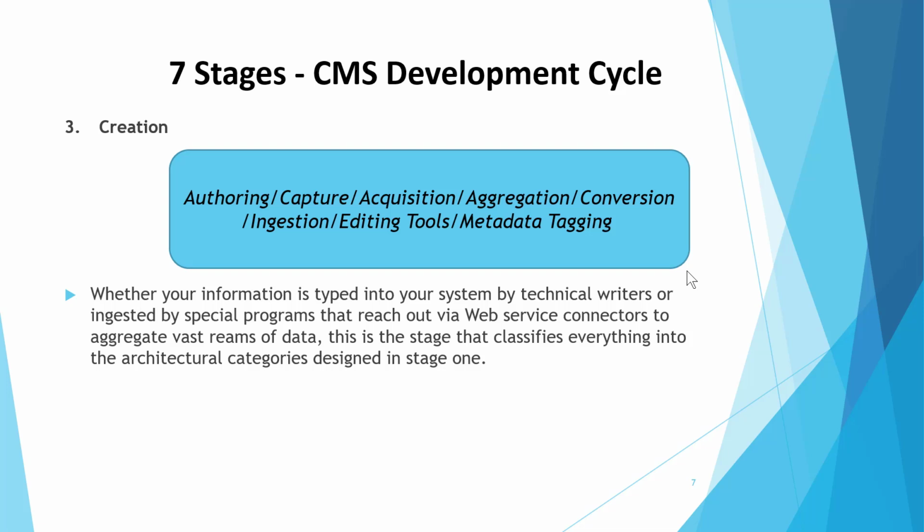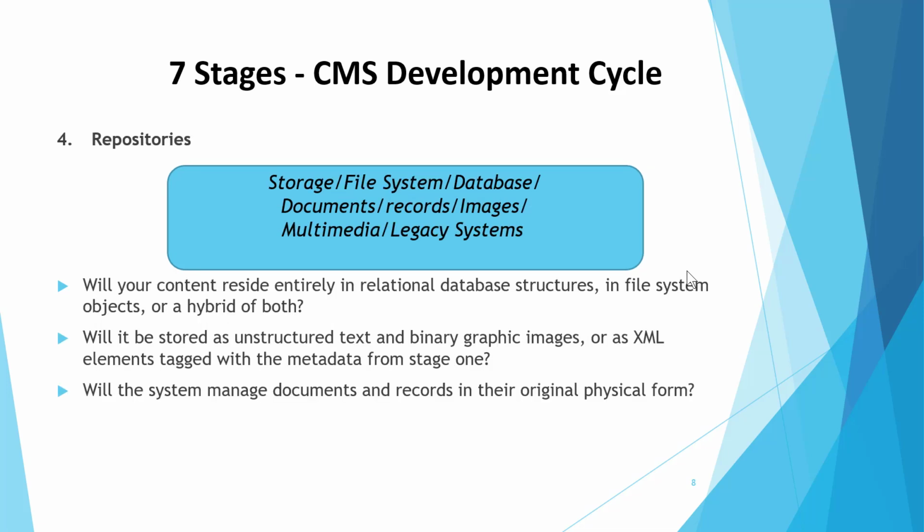This is the stage where it classifies everything into the architectural categories and design from stage one. So we have stage one, organization, and then we move to the workflow, and then we move to the stage where we start creating the CMS.